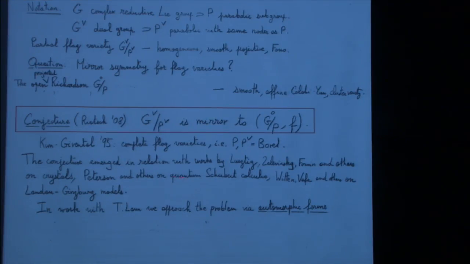Also the work by Peterson on quantum Schubert calculus, and also Witten, Vafa, and others on Landau-Ginzburg models for Grassmannians. The new input in our work with Lam is that we approach this using automorphic forms. That's the other idea I want to explain next. Any question about the statement and the context?